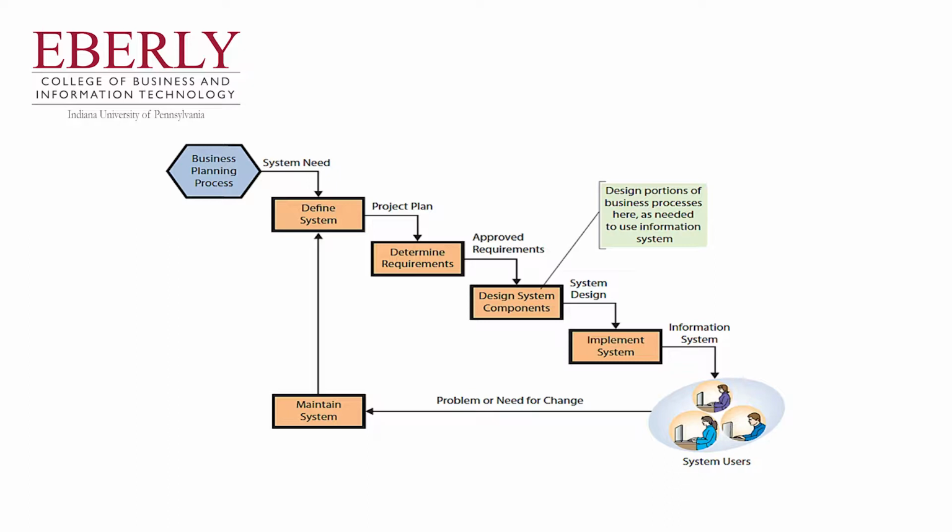In the following sections, we will consider each phase of the SDLC in more detail. Define the system. In response to the need for the new system, the organization will assign a few employees, probably on a part-time basis, to define the new system, assess its feasibility, and plan the project.